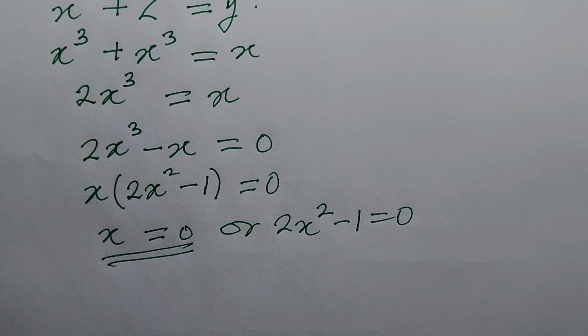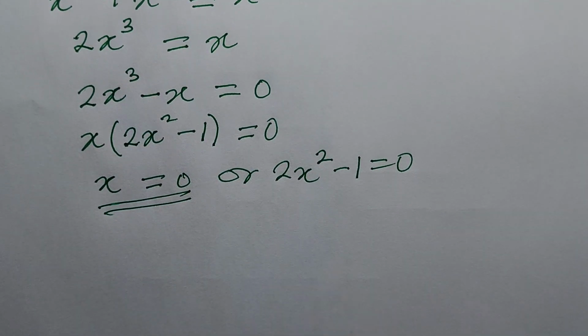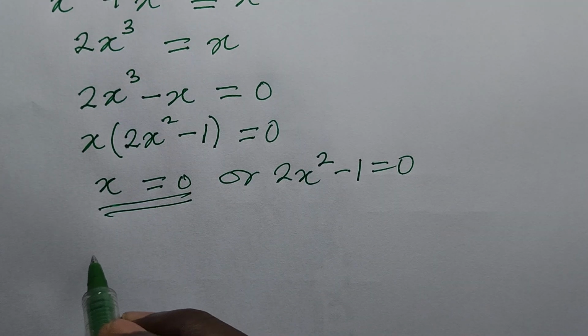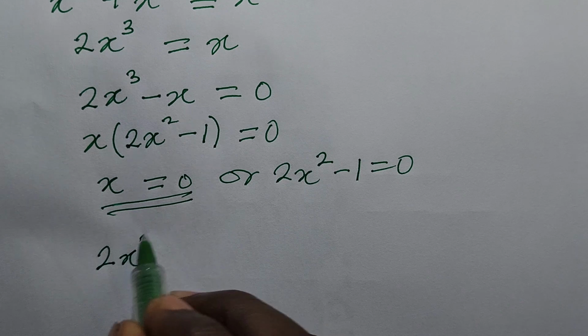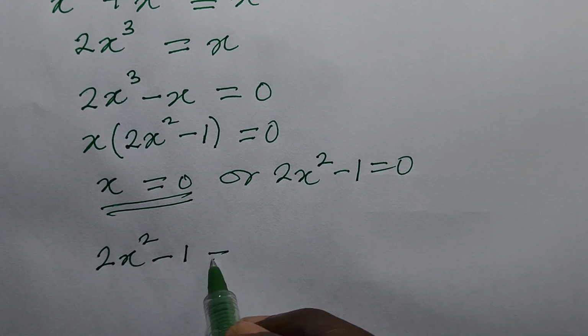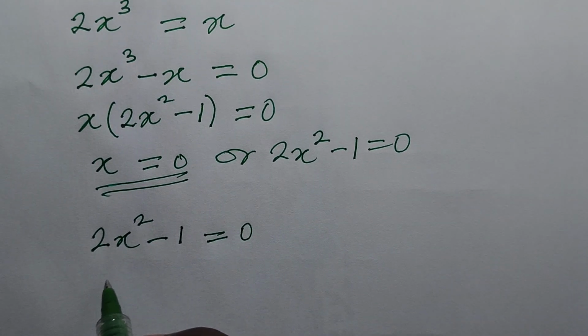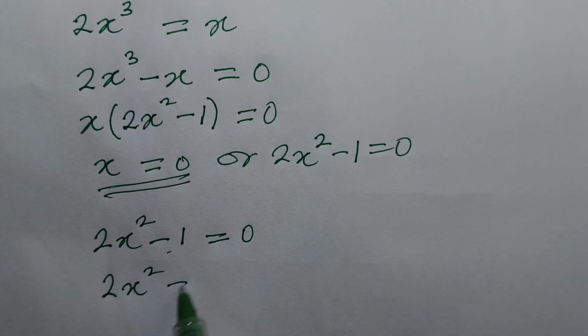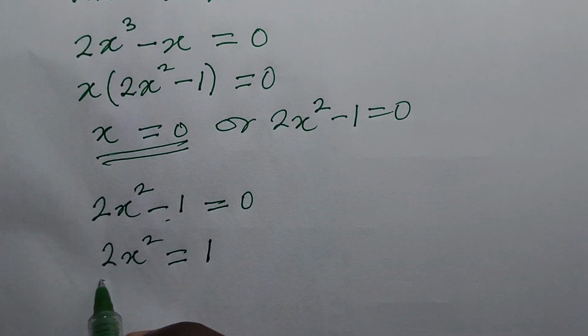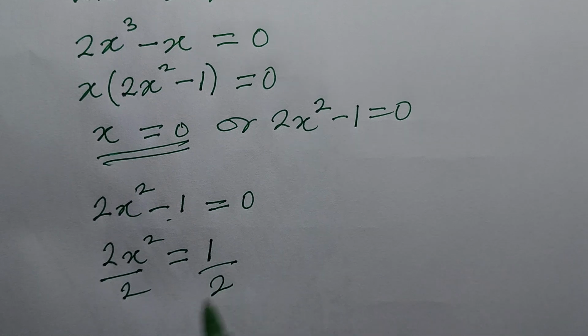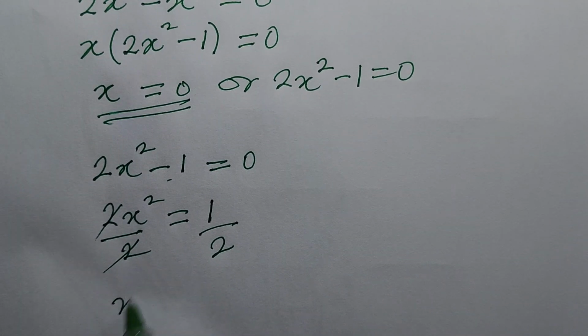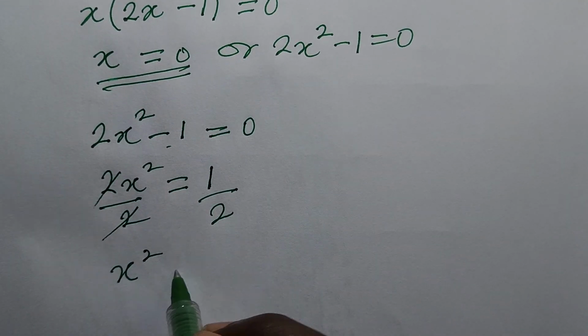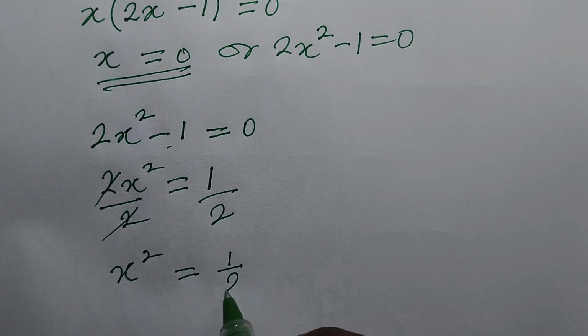So let's keep this. Then we now take this case scenario: 2x to the power of 2 minus 1 equal to 0. So we send this to this side. I have 2x to the power of 2 equal to 1. Divide both sides by 2. Cancel, cancel. So I have x to the power of 2 is equal to 1 all over 2.